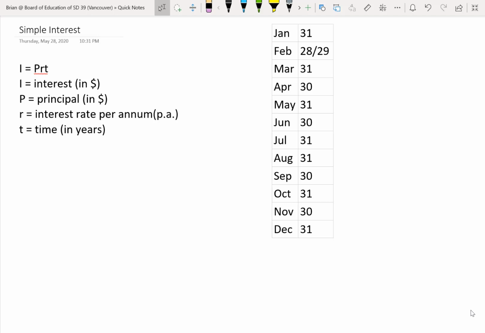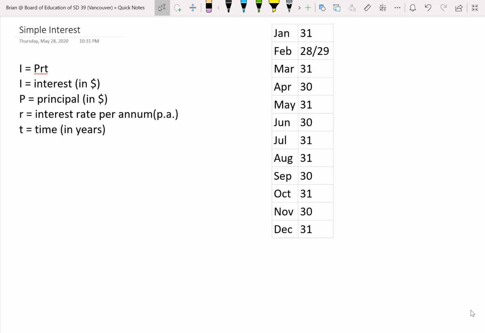So you're probably not going to see too many problems where they ask you to calculate interest over a certain number of months, because months are not all the same length. And so you would probably want to know, well, which months are we talking about? However, if it is just sort of a general question, you can convert months to years just by dividing by 12.